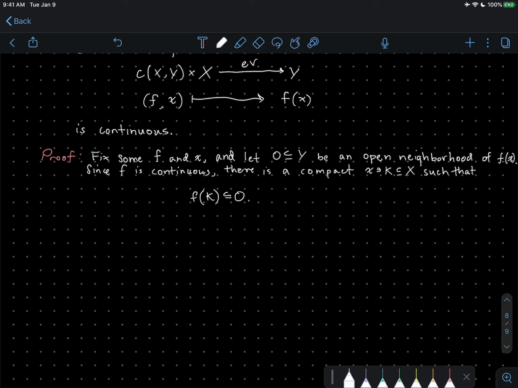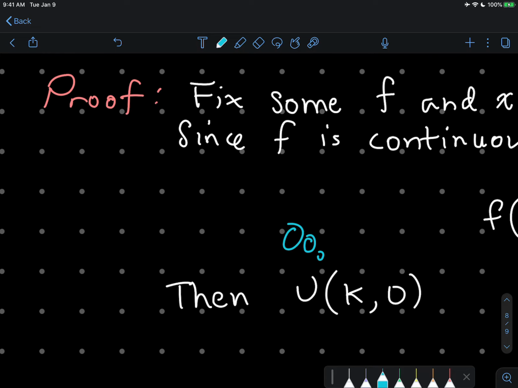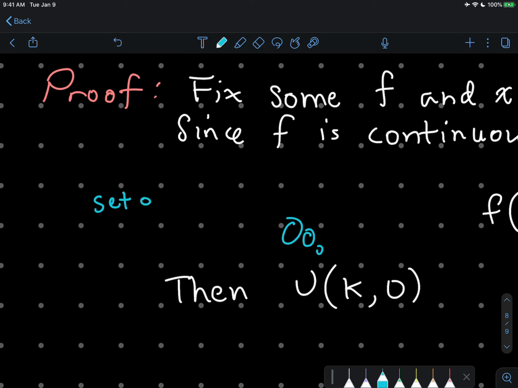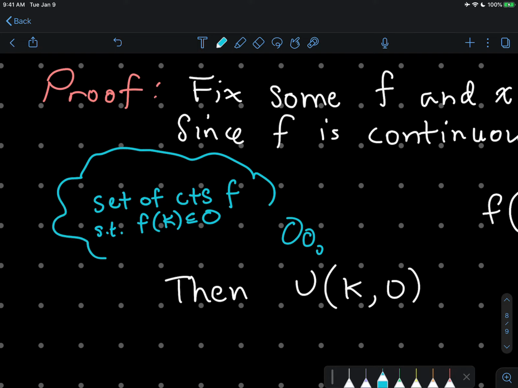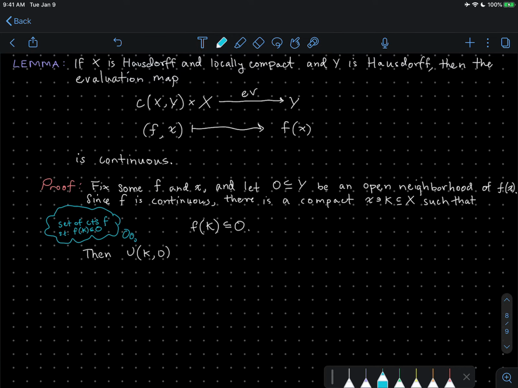So by definition of the compact open topology, U of K comma O, which, if we remember, is the set of continuous functions f mapping f of K into O. It's not always standard terminology.